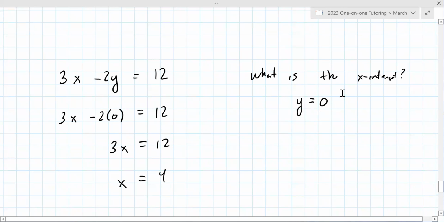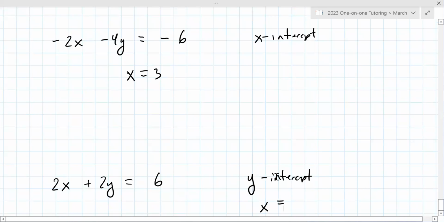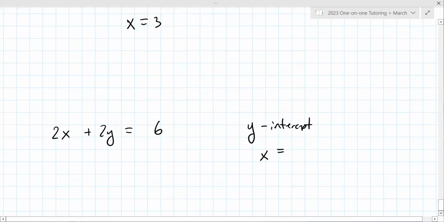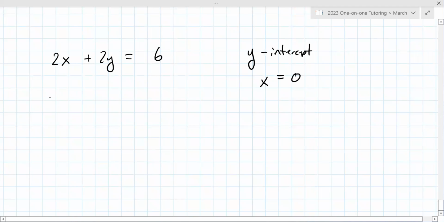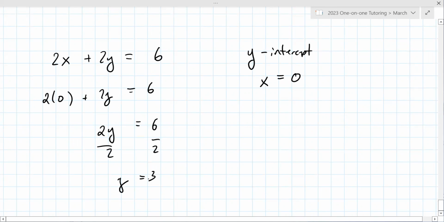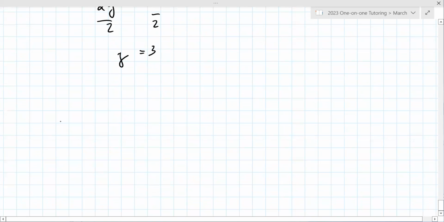The x-intercept means that y is 0. Yes. Okay, now I'm asking about the y-intercept. X equals 0. Yes. So 2 times 0 plus 2y equals 6. 2y equals 6. Divide by 2, so y equals 3. Okay.